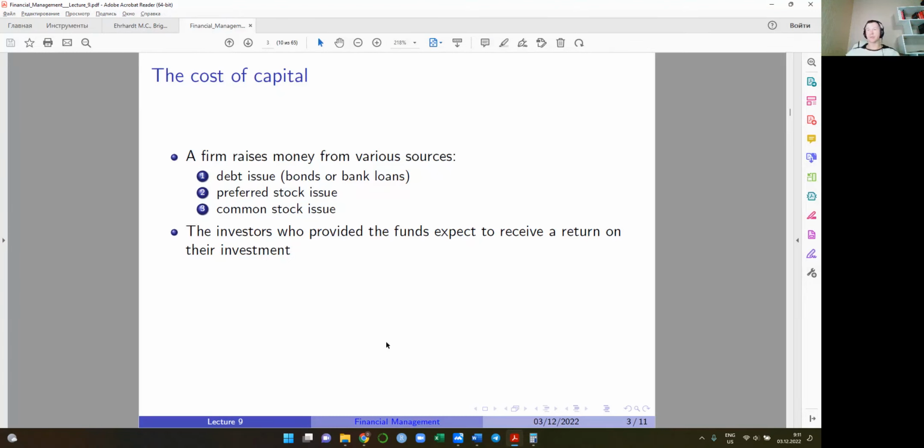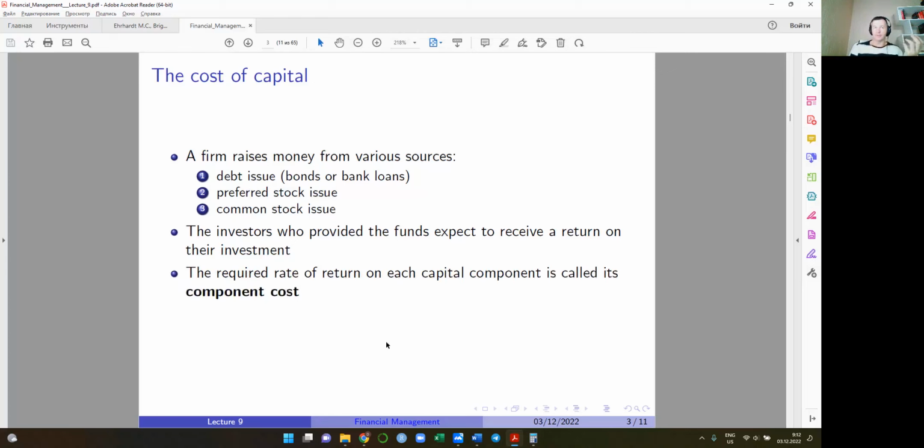That was the acceptable price. If investors require some return, the firm must provide this return to them. And for the firm, this becomes cost.